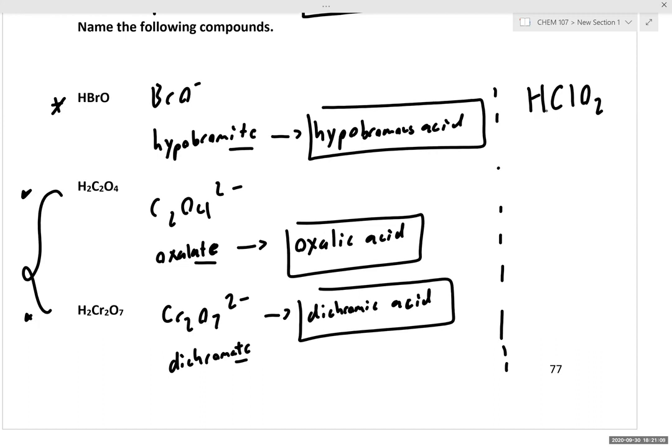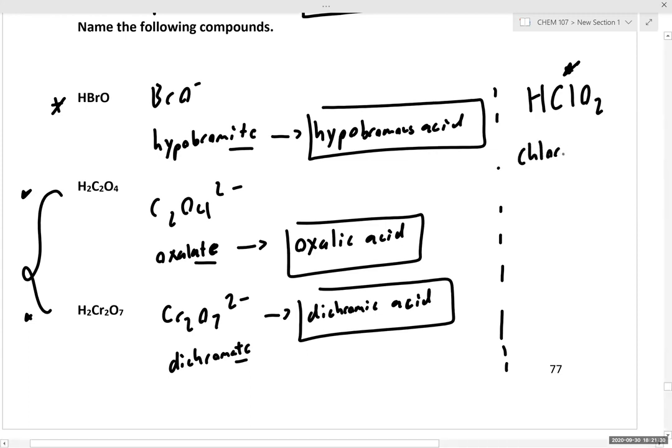Let's try to get some proposals for the name of HClO2, either in the chat or verbally. Chlorous acid? Yep.